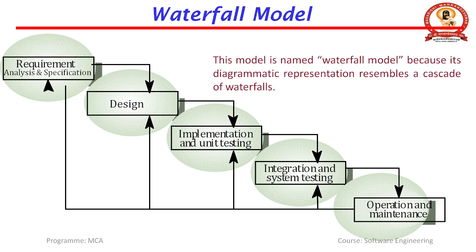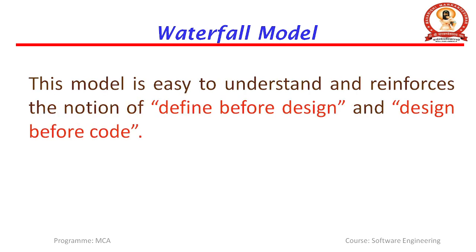Like a waterfall, you never see water coming from downward to upward. It always comes from uphill to downward. As the diagram depicts, due to its cascade it is called the waterfall model, in which various phases start with requirement analysis, design, coding, then testing, and then operational maintenance.